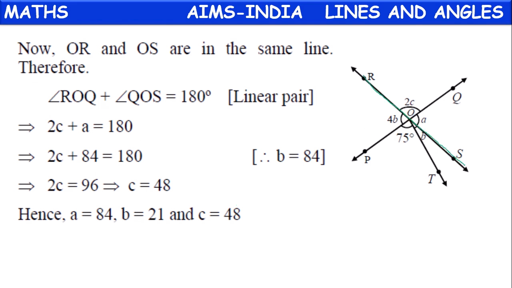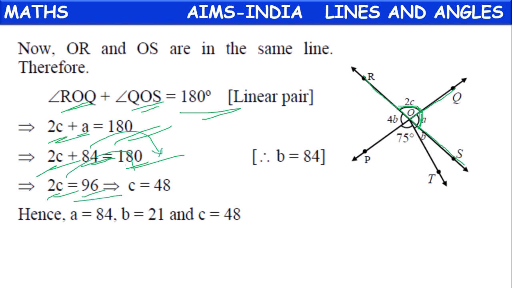RS is one line and this OQ is a line standing on that. So this side 2C, this side A. This will be a linear pair, 180 degrees. So ROQ, QOS 180. 2C plus A is 180, 2C plus 84 is 180, 2C equals 180 minus 84, 96. C equals 96 by 2, 48.